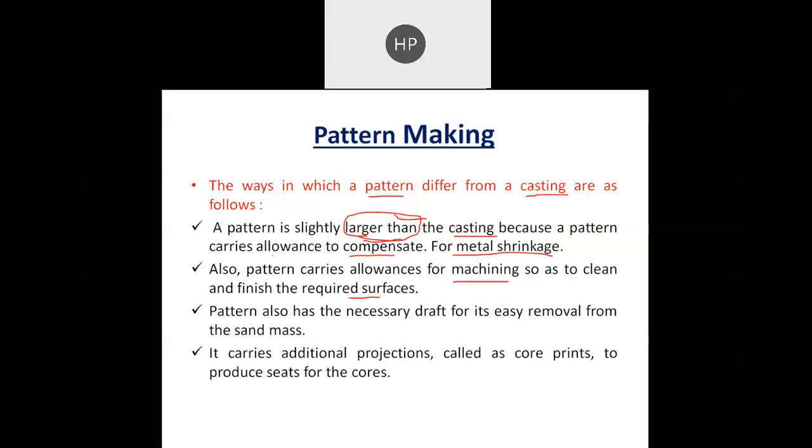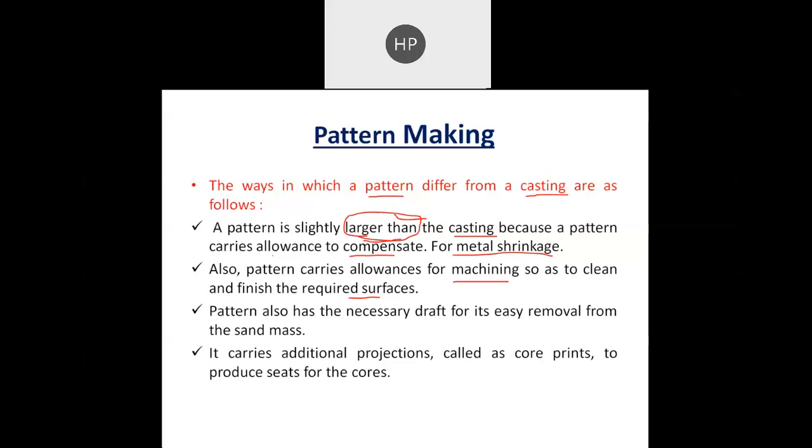As well as the surface we get, which does not have an appropriate luster. So to get all these things, we have to do certain machining operations like grinding or polishing. When we do the grinding and polishing, some amount of metal from the surface will be removed.